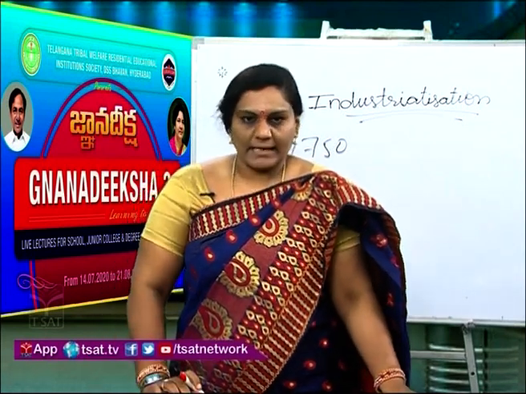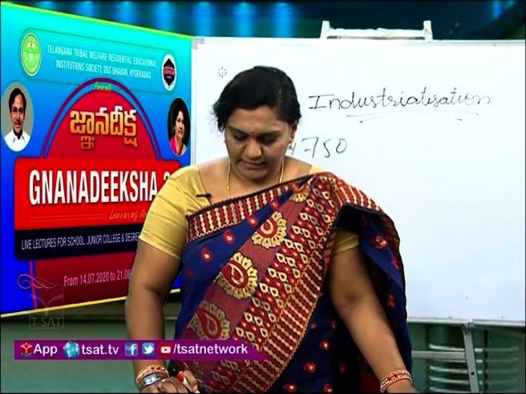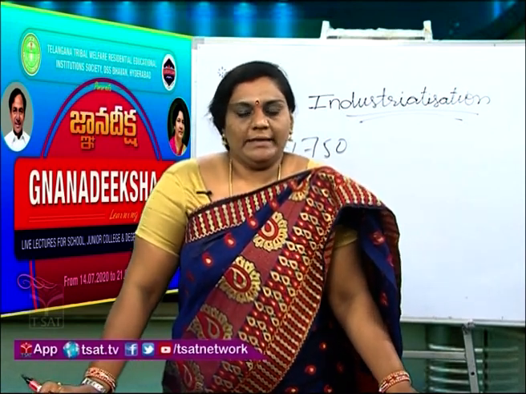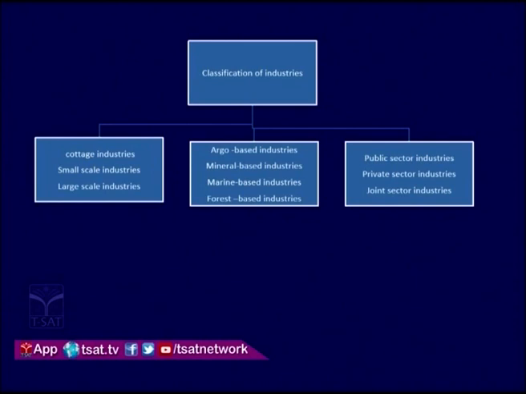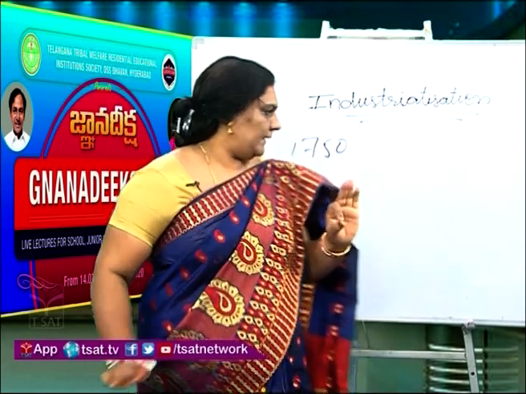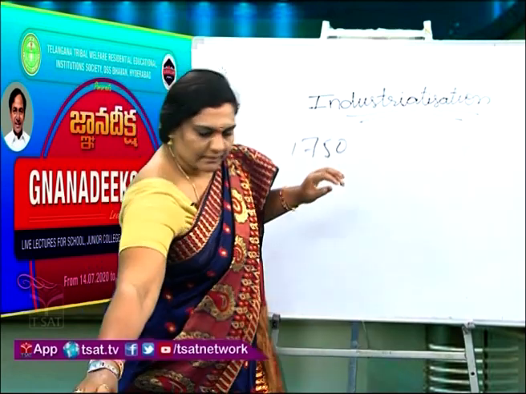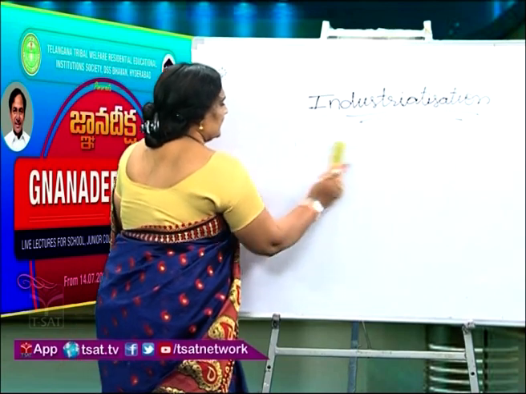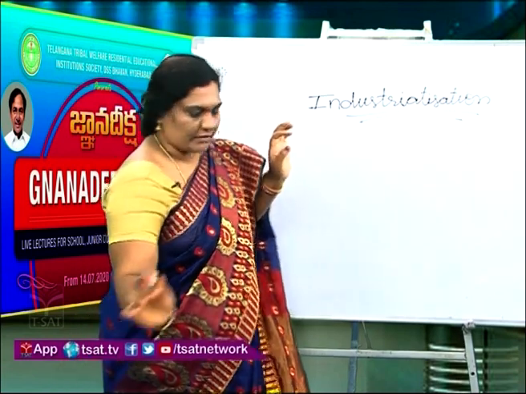Okay, now classification of industries. Industries are classified by their size, by their raw materials and by sectors. First, we will see the classification of industries size wise. There are three classifications of industries.